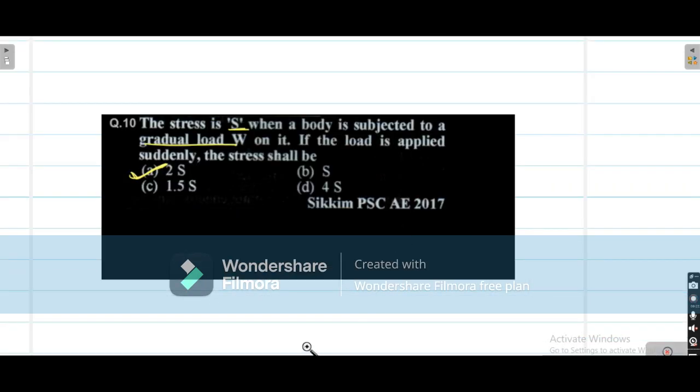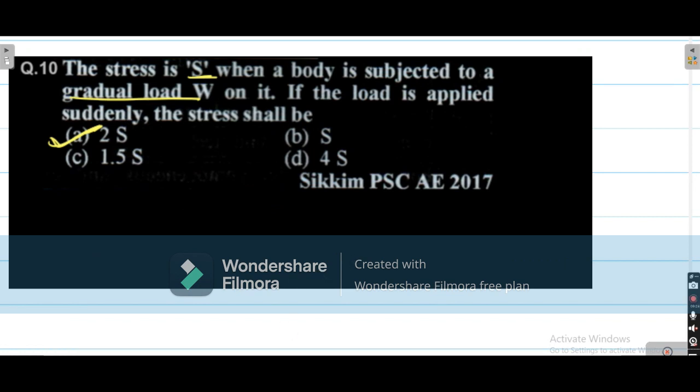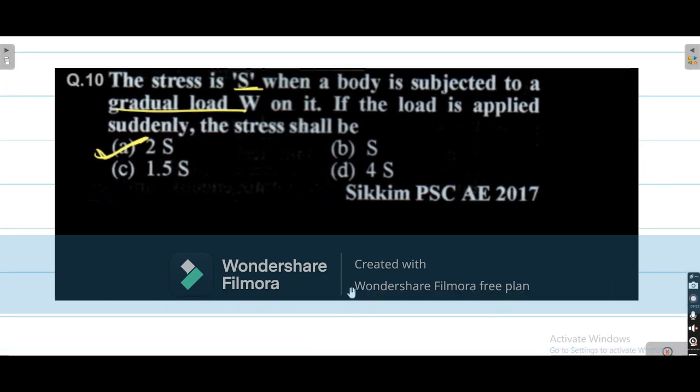Next, the same question came in the Sikkim Public Service Commission Assistant Engineer exam. If stress is S when a body is subjected to gradual load, then because of the gradual load we get stress P by 2A, whereas in sudden load we get stress P by A. That means this is nothing but 2 times of P by 2A, right?